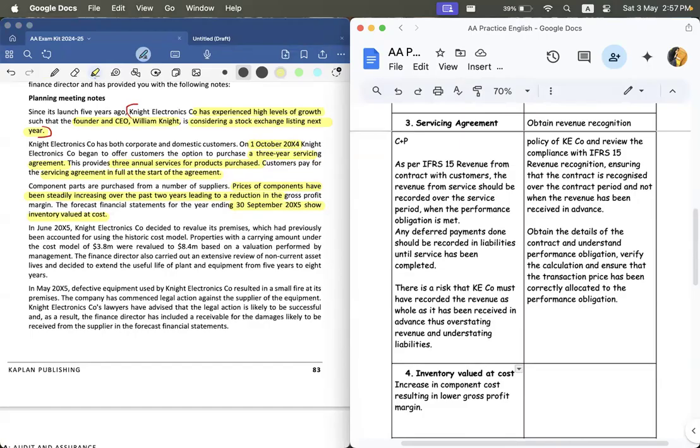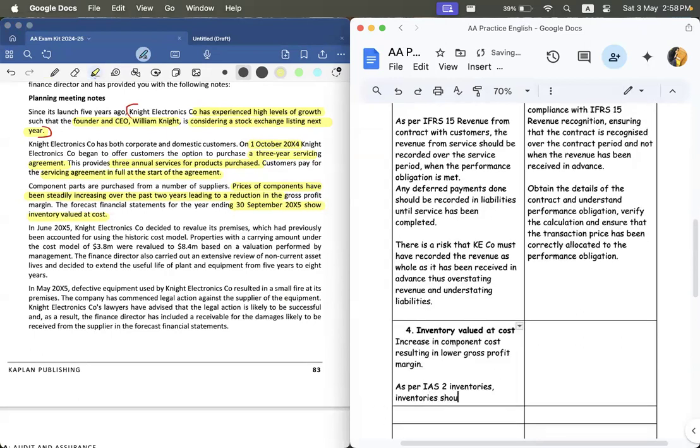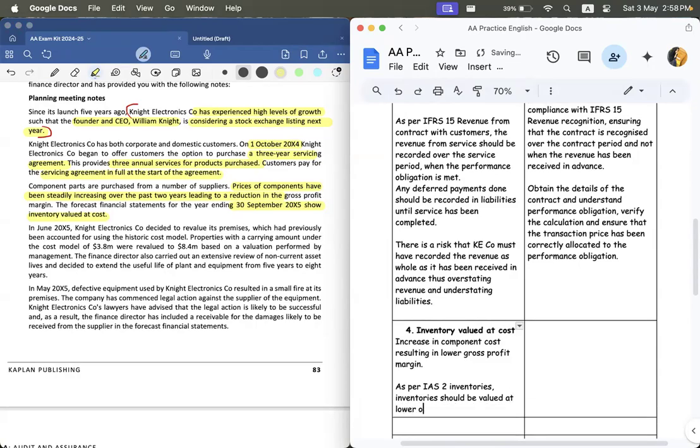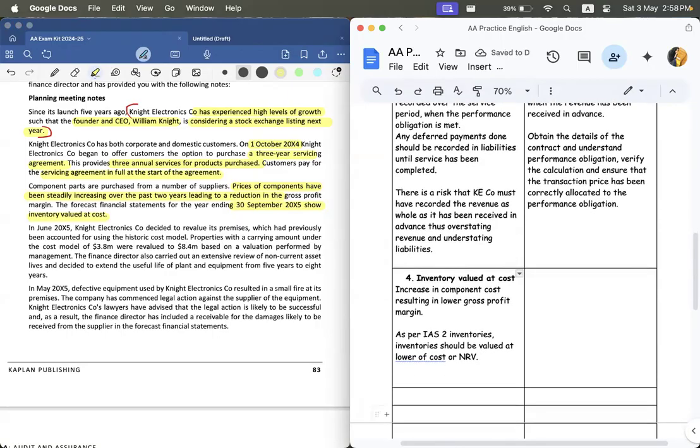So as per IAS 2, Inventories, inventories should be valued at the lower of cost or NRV. Clear?